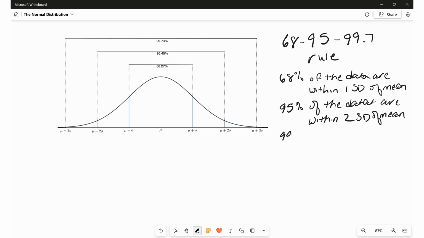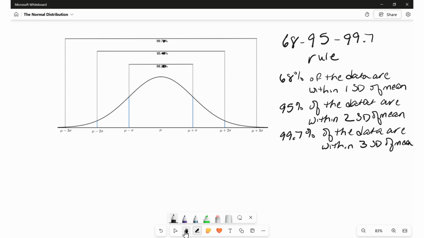And 99.7% of the data are within three standard deviations of the mean. Okay? So, don't worry about these little decimals here. We're going to forget about those.